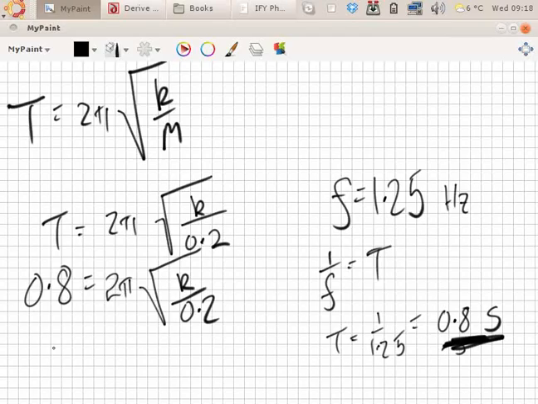Got a really small number, k equals 3.2 times 10 to the minus 3. That's my answer for k.